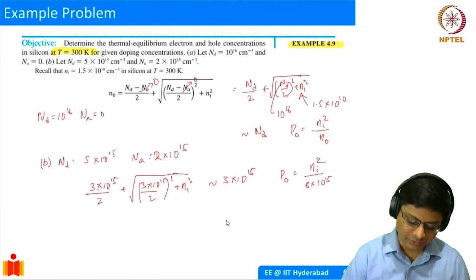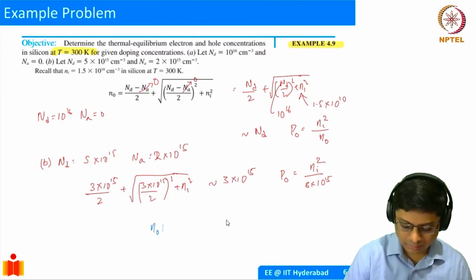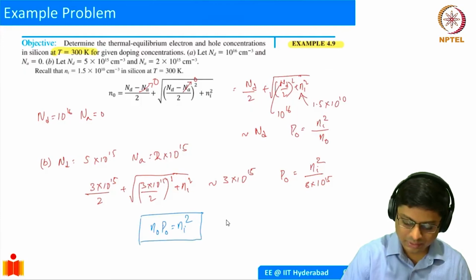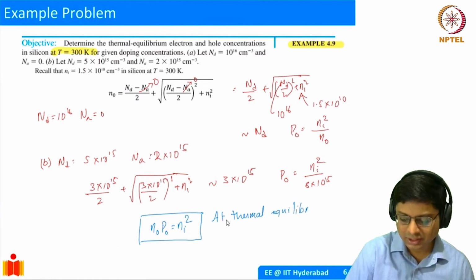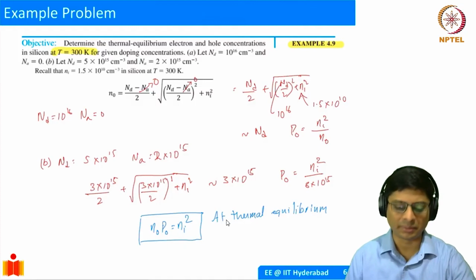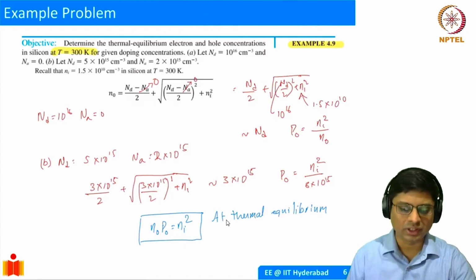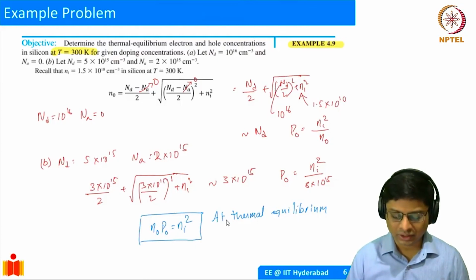And always remember this relation: N naught P naught equal to Ni square, whenever you have thermal equilibrium. In the next week, I'll talk a little bit more about what is equilibrium, steady state, and so on. We'll come to it in a little bit more detail. But for now, we saw that there are these two processes, and whenever they are in equilibrium, we call it N naught into P naught equal to Ni square.